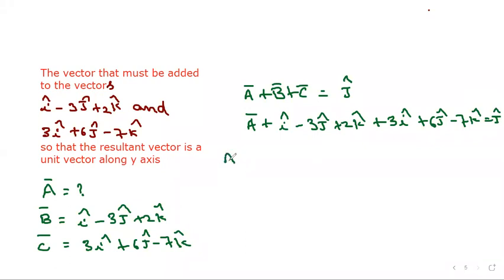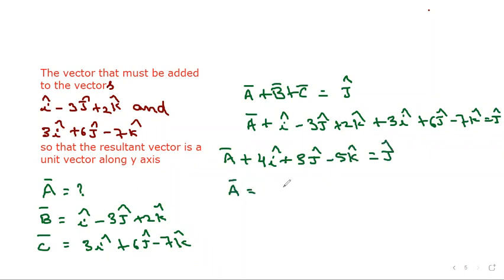Now, i cap plus 3 i cap, total it will be 4 i cap; minus 3 j plus 6 j, that will be plus 3 j cap; plus 2 k minus 7 k, that is minus 5 k cap, is equal to j cap. Now we have to find out only the value of a bar.